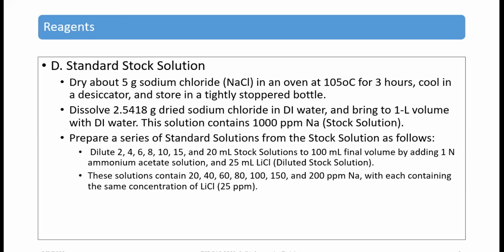From your stock solution, you have to prepare your standard solutions by diluting 2, 4, 6, 8, 10, 15, and 20 mL from the stock solution to 100 mL final volume by adding 1N ammonium acetate solution and 25 mL lithium chloride.